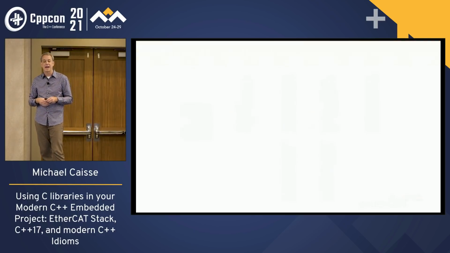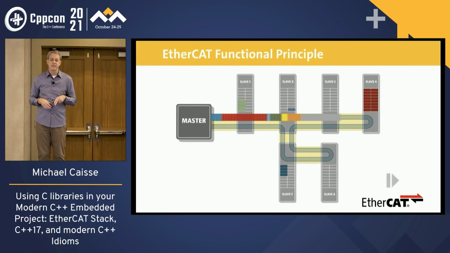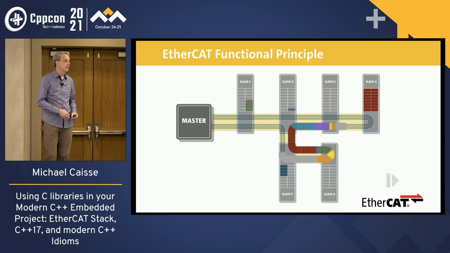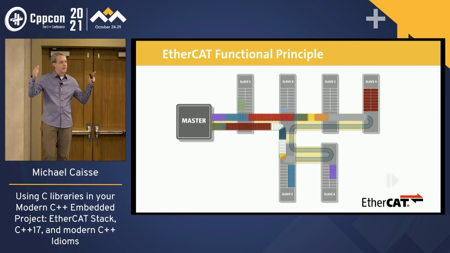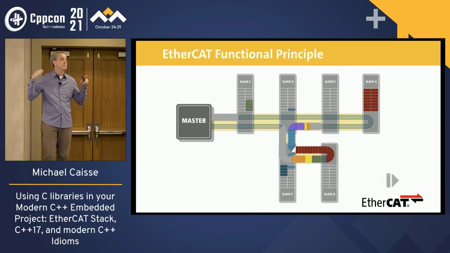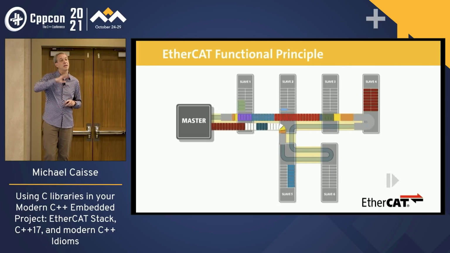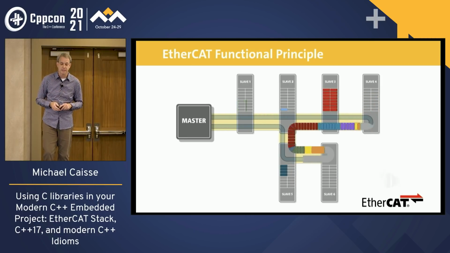As that data packet loops through, you can see they're pulling out the information that they want, and they're putting their information that needs to be delivered back in. As a result, it's one packet. And it creates something that's fairly efficient, but it also creates something that's going to be deterministic. The master is able to determine how long a cycle time is and is going to be able to figure out what that cycle takes.